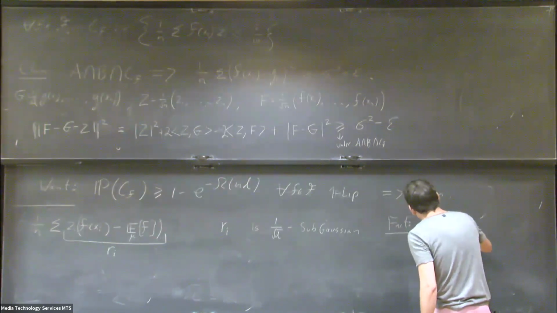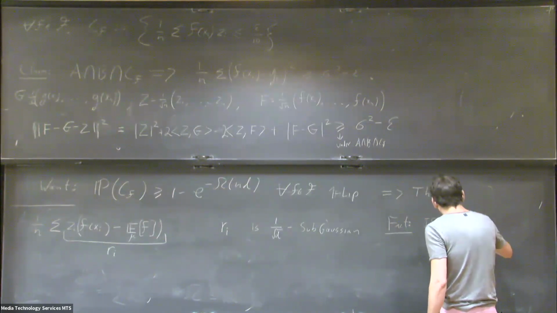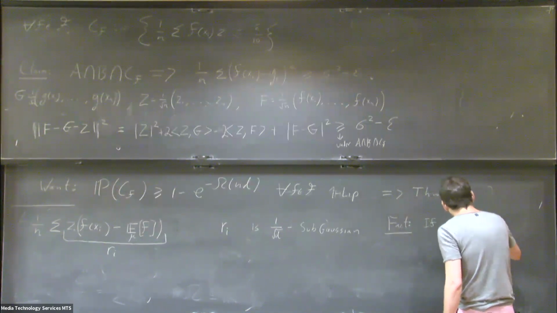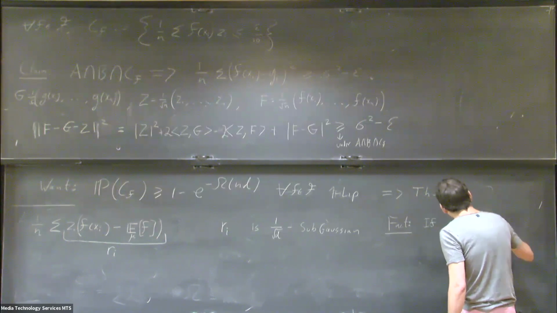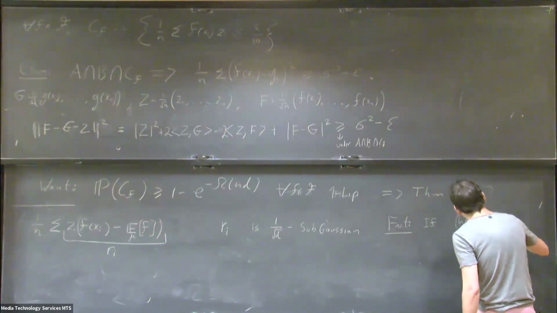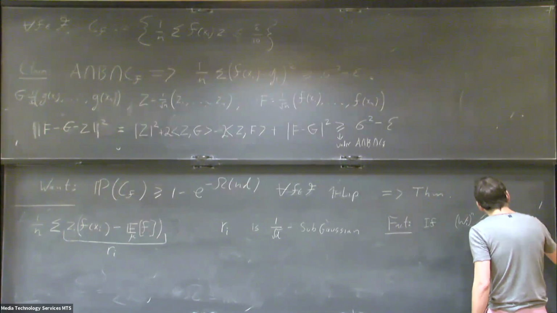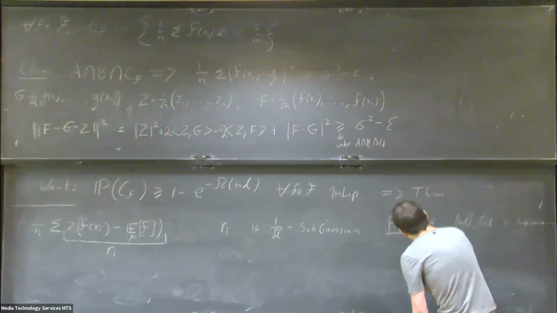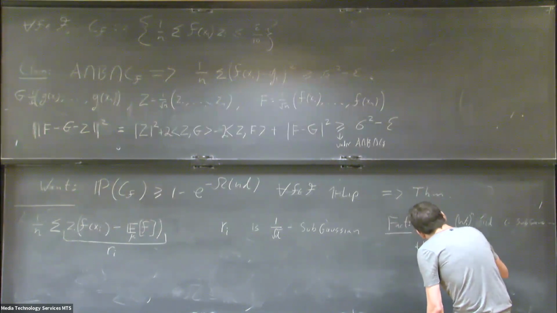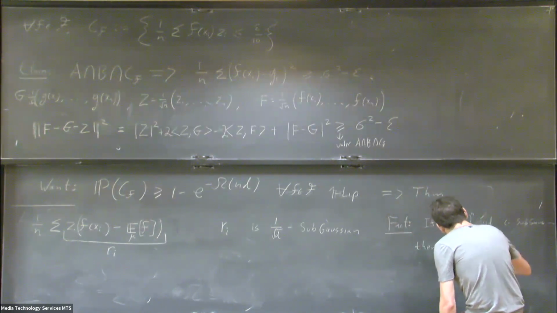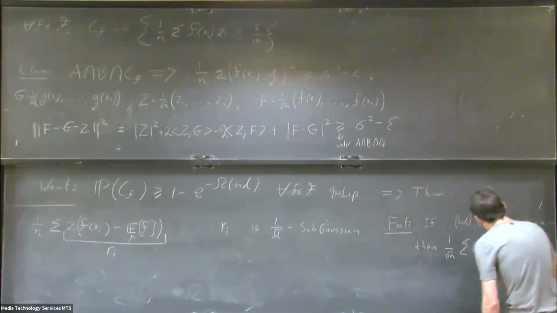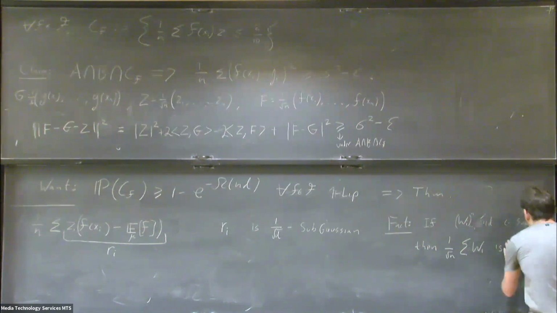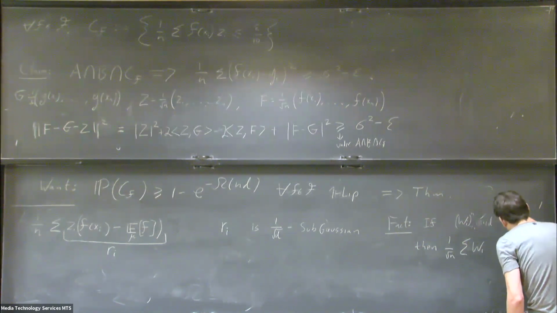If the Wi are IID C sub-Gaussian, then 1 over root n times the sum of Wi is O of C sub-Gaussian, maybe 10C sub-Gaussian.